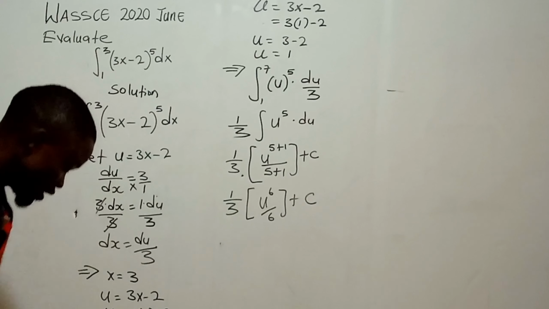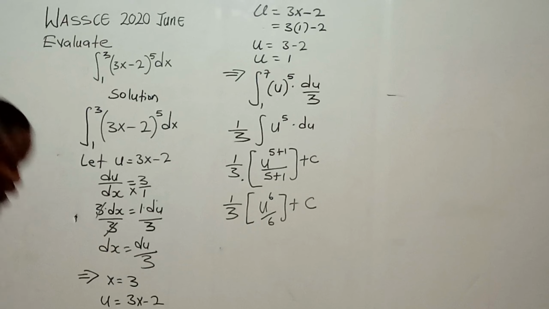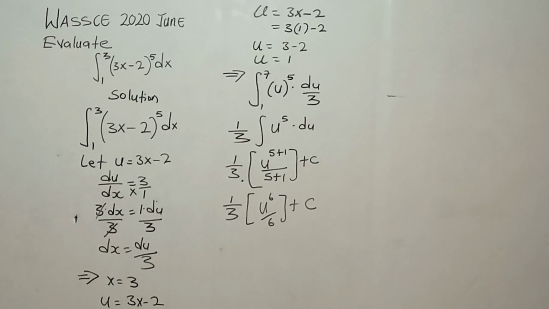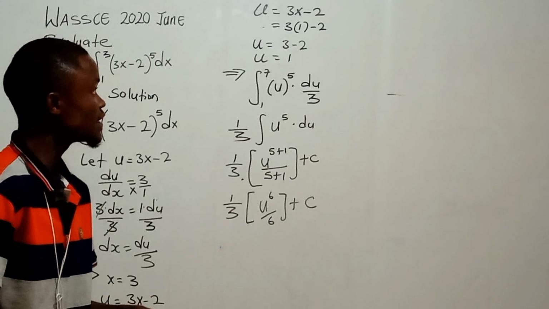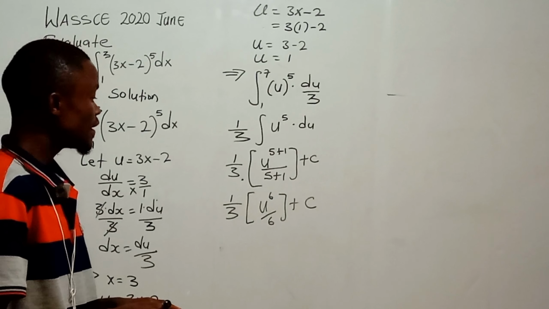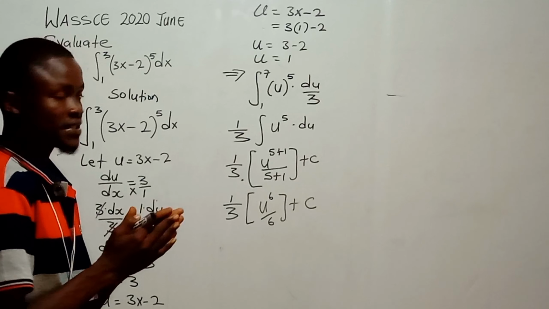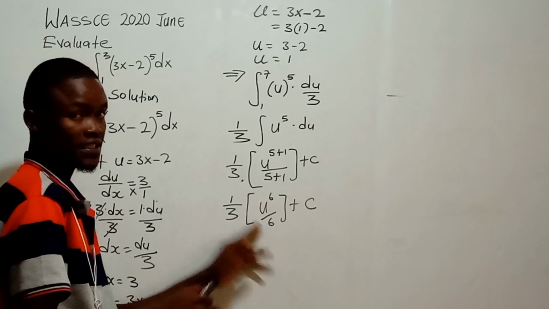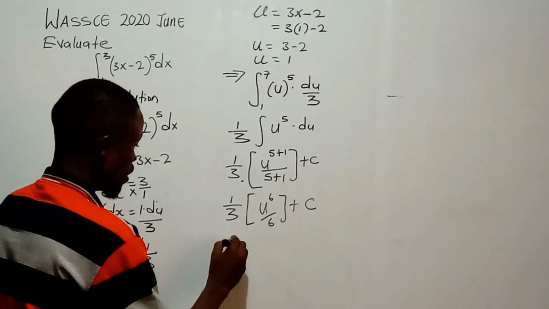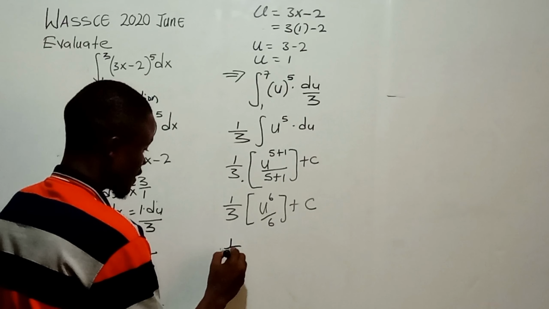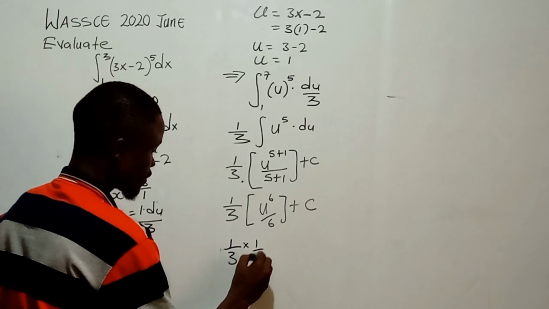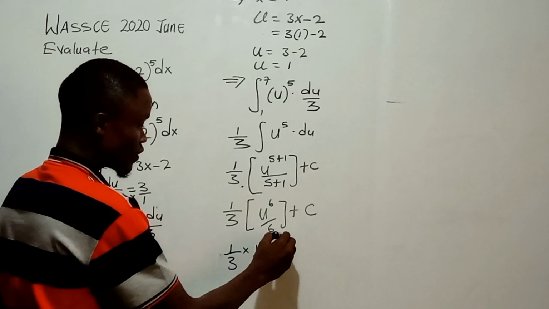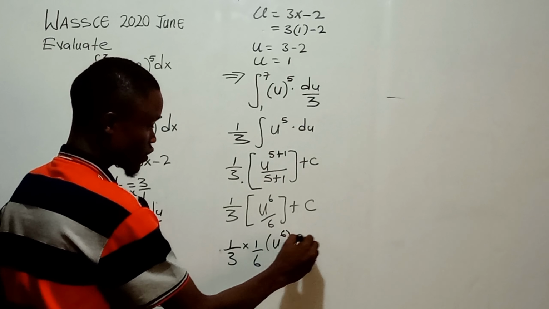Do we get it? After we have done that, we then make use of the limit. But before we make use of the limit, let us take this 1 upon 6 outside. So 1 upon 3 times 1 upon 6, into u raised to the power 6 plus c.